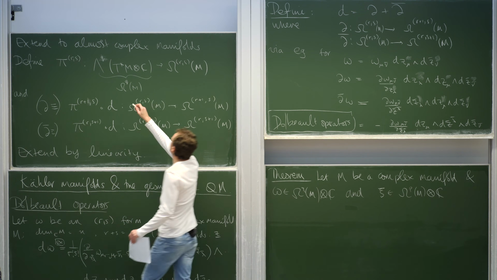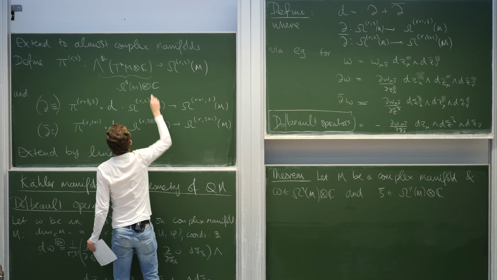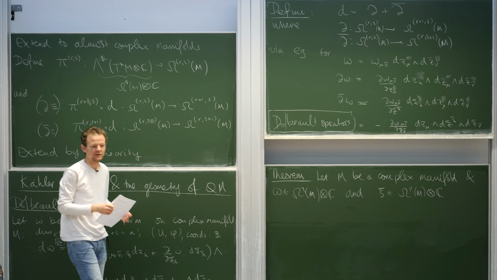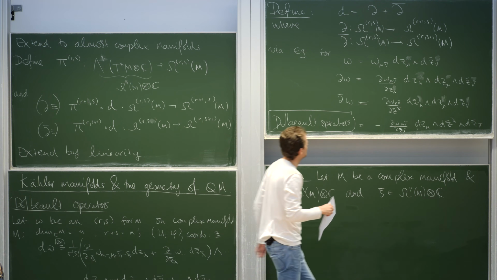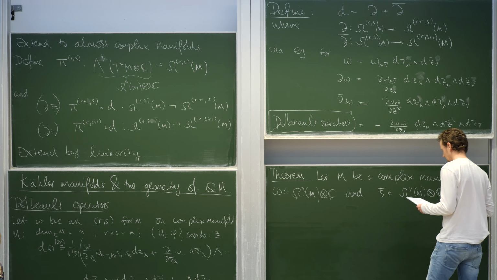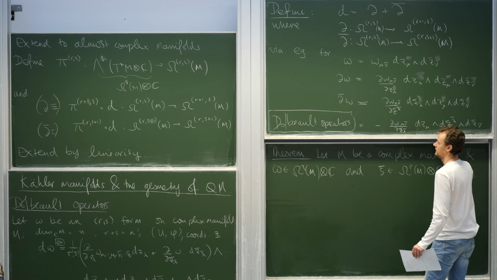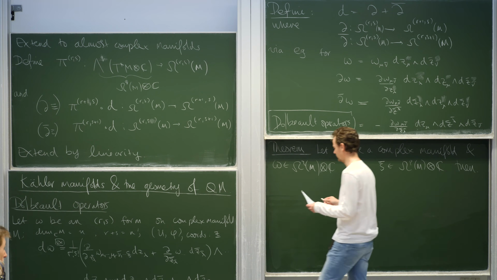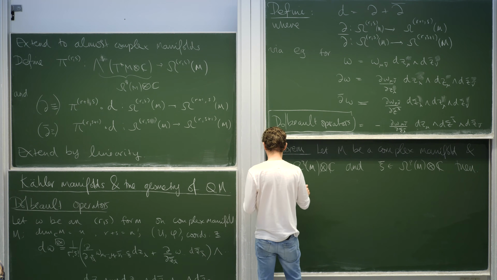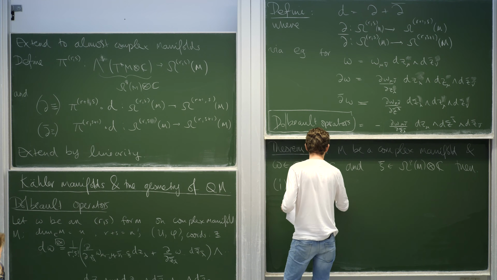I forgot to be totally consistent with my complexifications. Then these delta operators, these Dolbeault operators, have a whole bunch of properties. None of them are particularly difficult to prove.